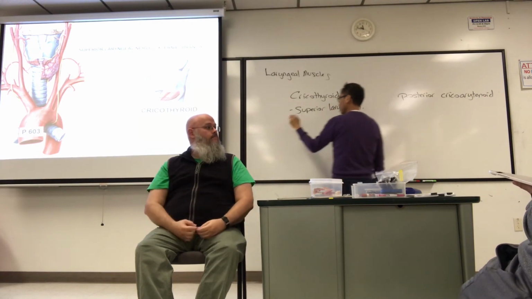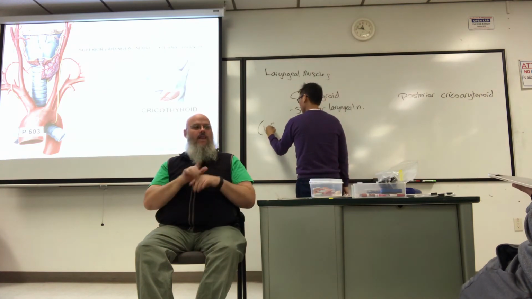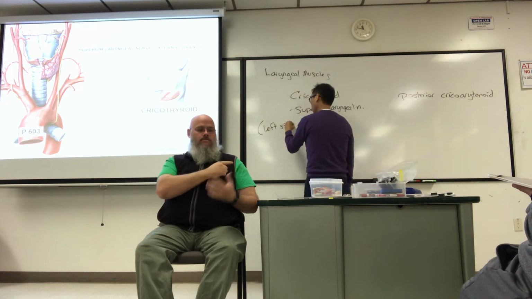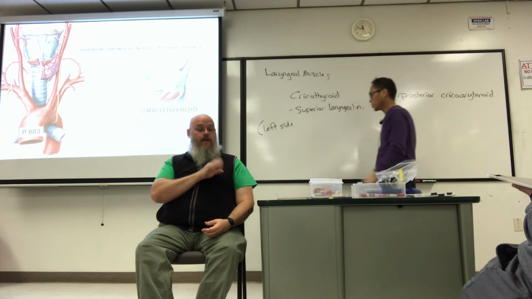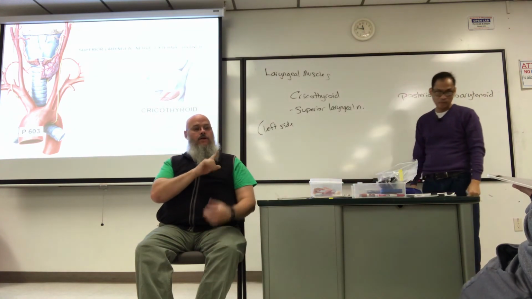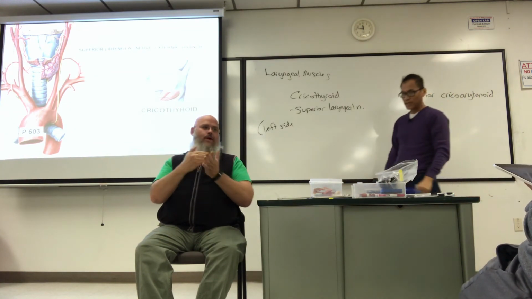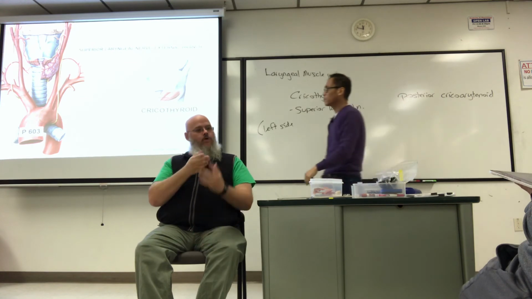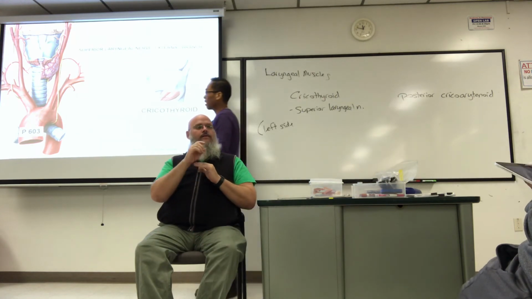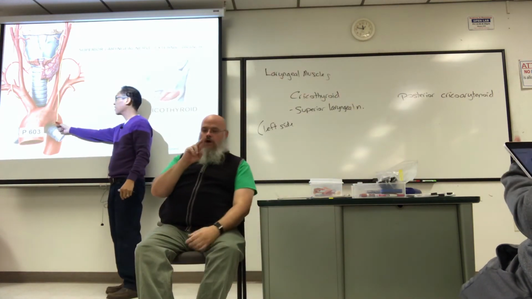Now, as a side note, on the left side, the recurrent laryngeal nerve branches out, and it's recurrent because it has to pass under the aortic arch on the left side, right here.